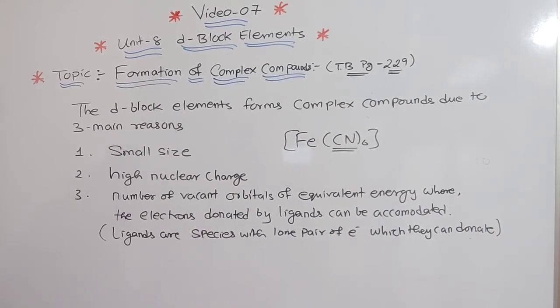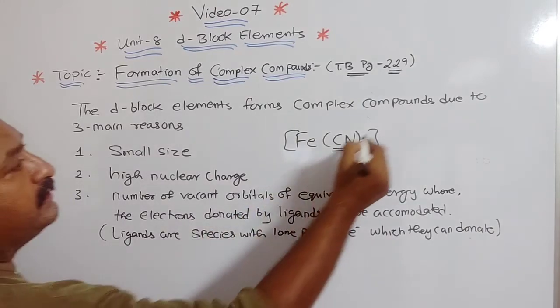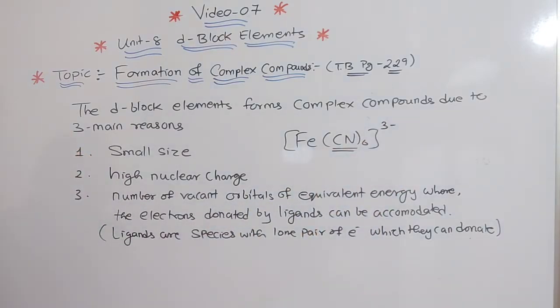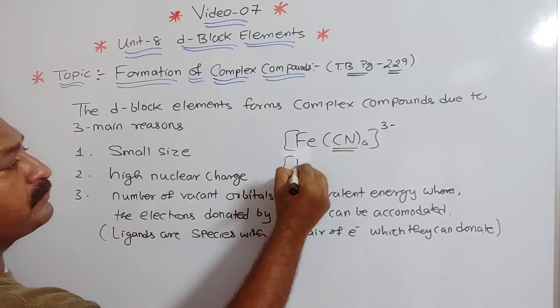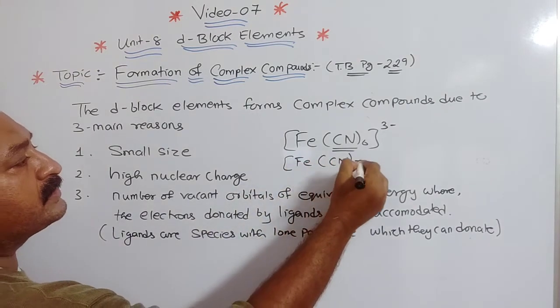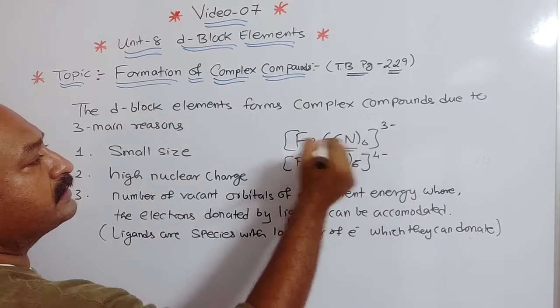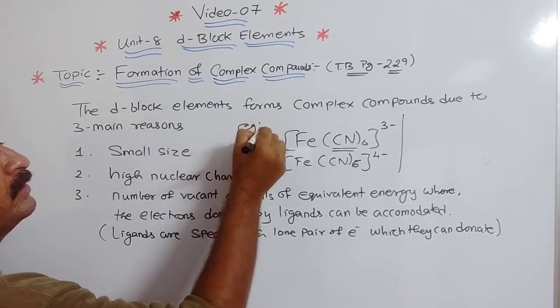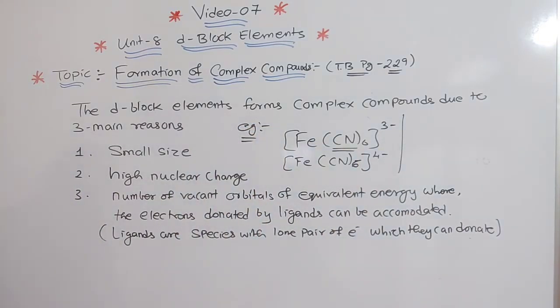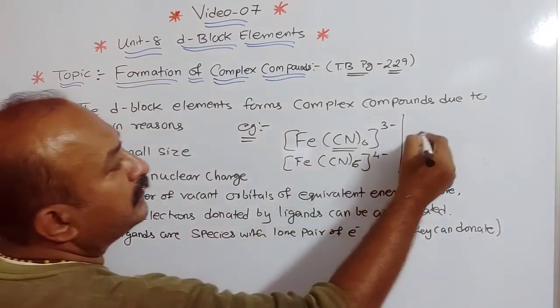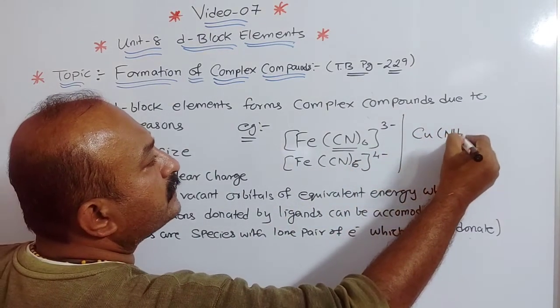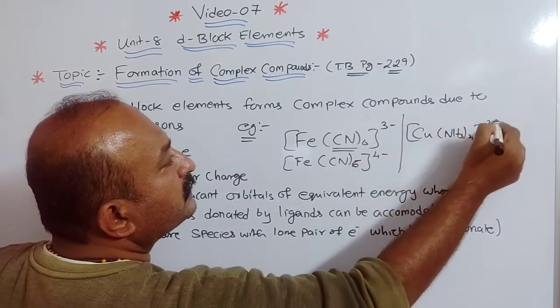In your textbook a few examples are written, like Fe(CN)6 3-, then another example Fe(CN)6 4-, as examples of complexes which are formed. Then Cu(NH3)4 2+.